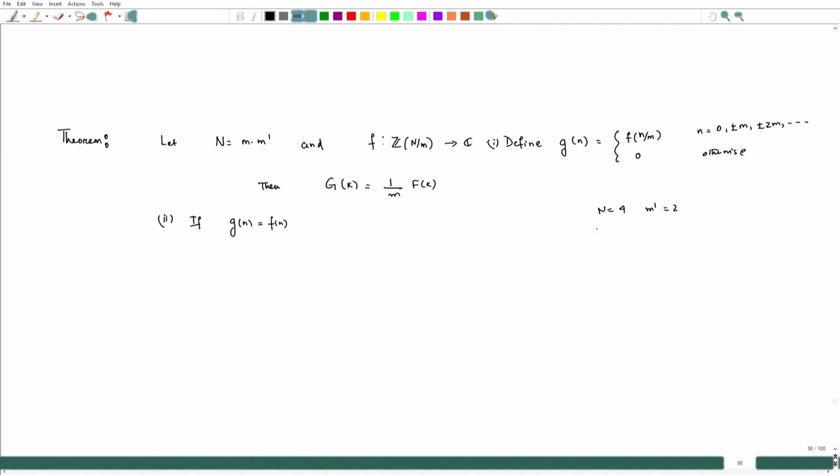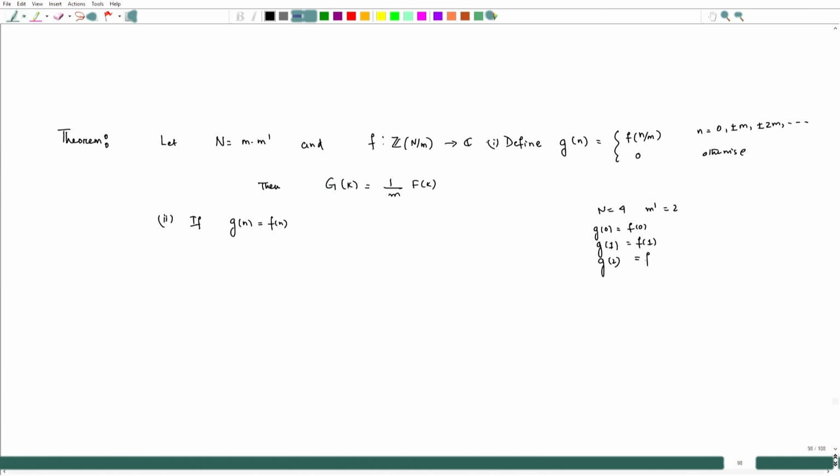Then g of 0 is equal to f of 0, g of 1 is equal to f of 1. Now 2 corresponds in Z 2 to 0, so I define g of 2 as f of 0, and g of 3 is f of 1. This is the meaning of g of n equal to f of n.